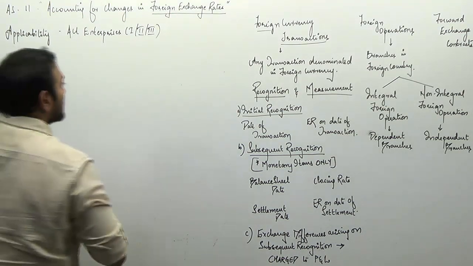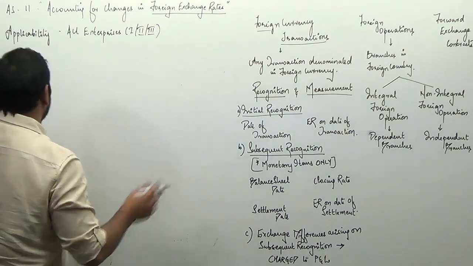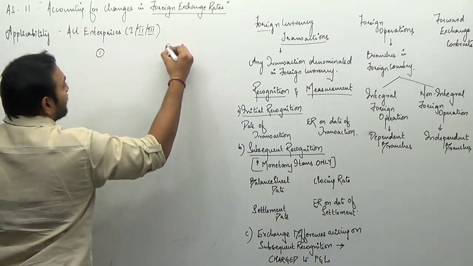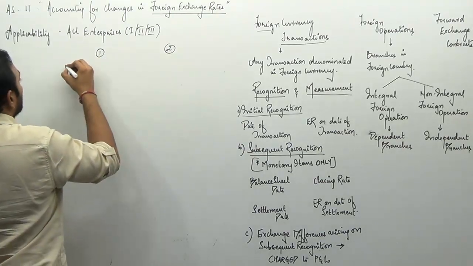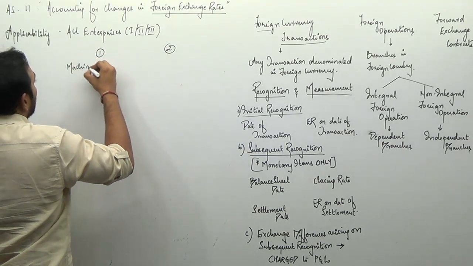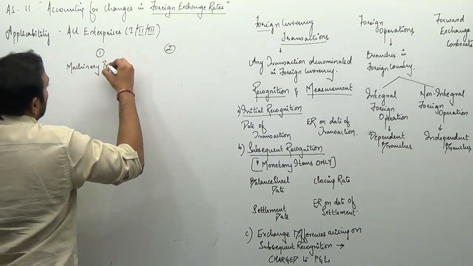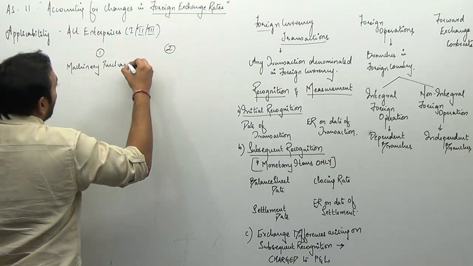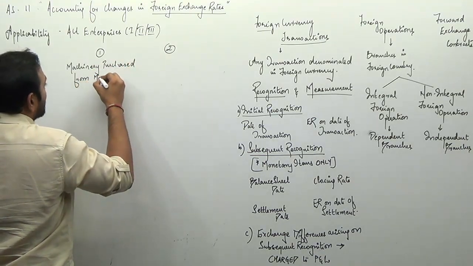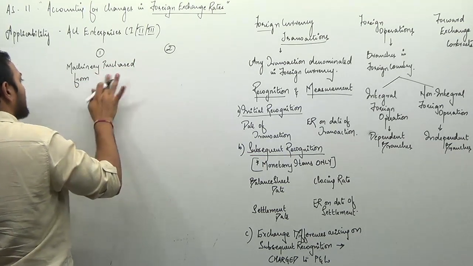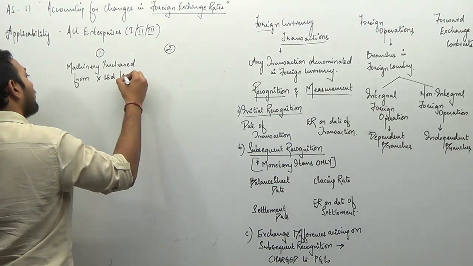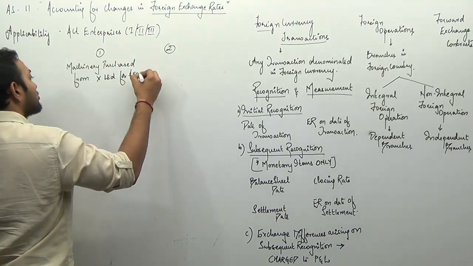Yes, guys. So let's understand foreign currency transactions with the help of an example. I'll take two foreign currency transactions. First transaction: machinery purchased from Mr. X, or let's call it X Limited, for $500.